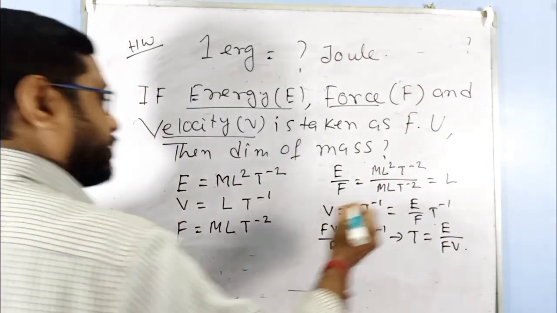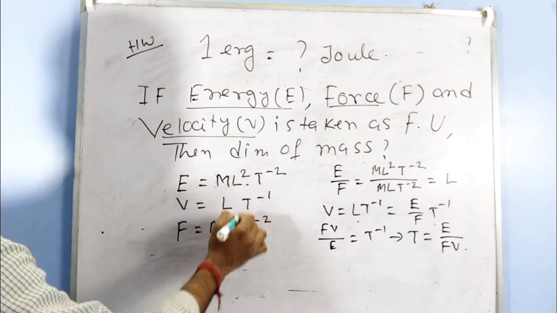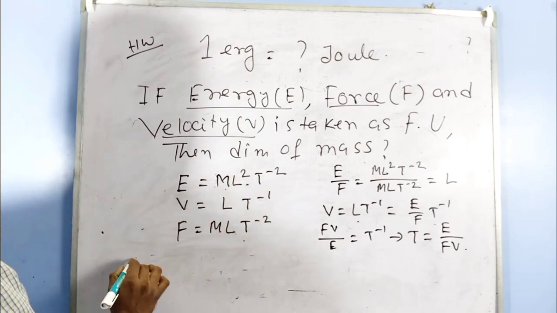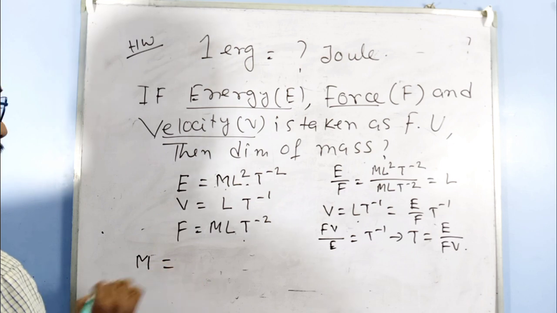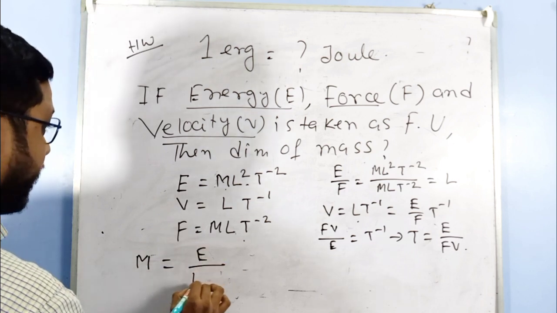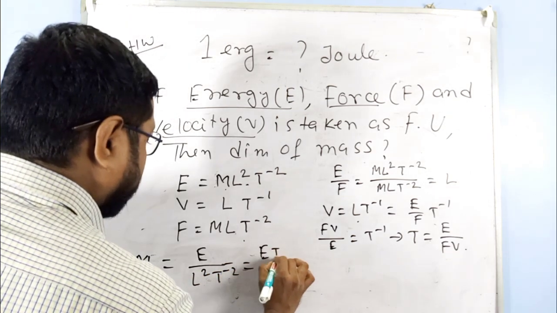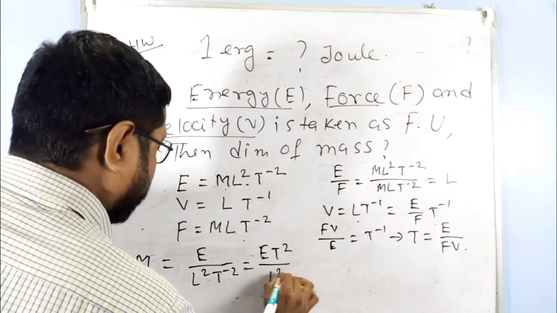So we can find out the dimensions of L and T. From any two of these equations we can find the dimension of mass, which equals E divided by L²T⁻², or ET² by L².